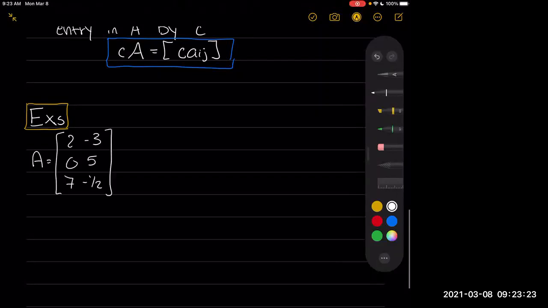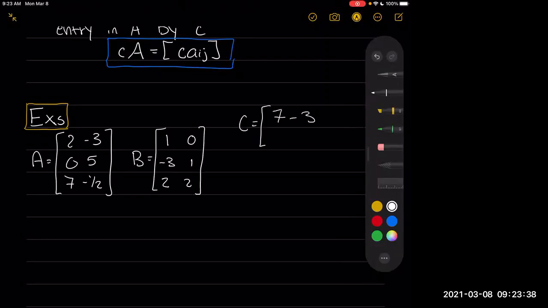We're going to have B, 1, 0, negative 3, 1, 2, 2. And then we're going to have C equal 7, negative 3, 0, 0, 1, 5. And D equal 6, 0, negative 6, 8, 1, 9.